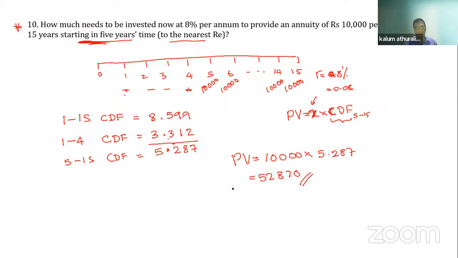Understood? First you find the 1 to 15 CDF, then subtract the 1 to 4 CDF, because in years 1 to 4 there are no payments in this cash flow. Right. Understood, no? Then go to the next.